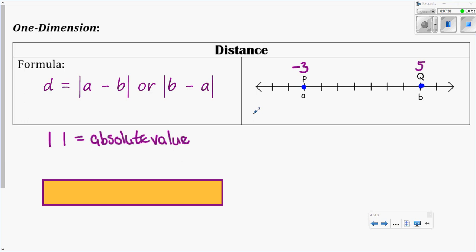And the reason why we have the absolute value, because when it comes to distance, you cannot have a negative number with distance. You can't say that, oh, I've run negative 3.8 miles. No one says that. That makes no sense. It's positive.